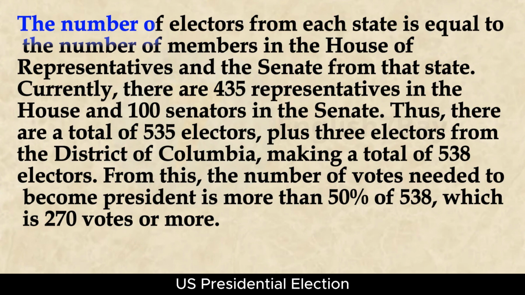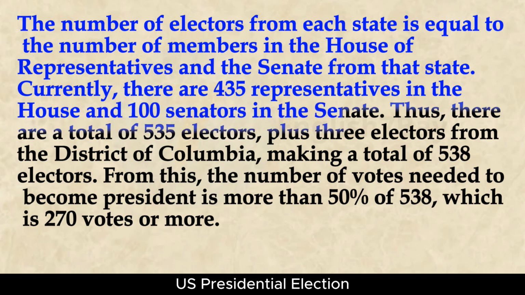The number of electors from each state is equal to the number of members in the House of Representatives and the Senate from that state. Currently, there are 435 representatives in the House and 100 senators in the Senate.